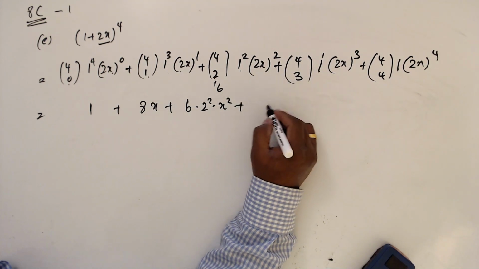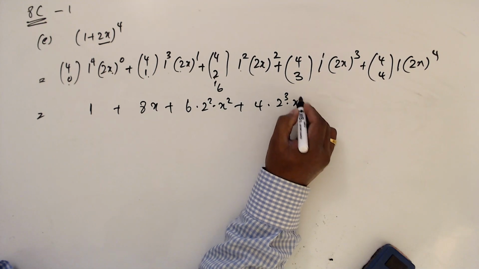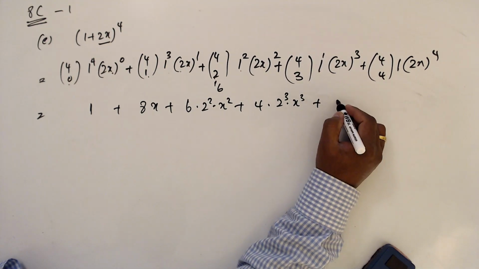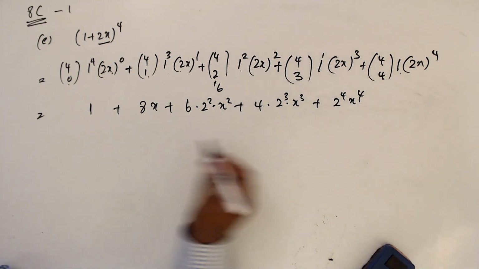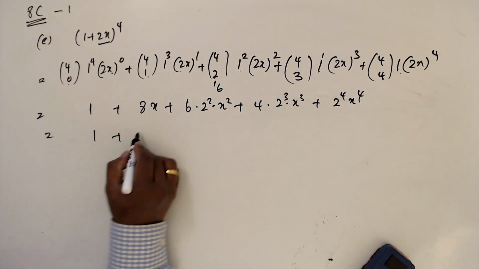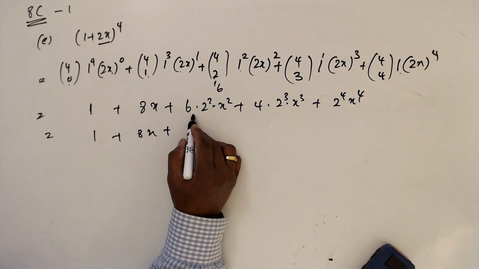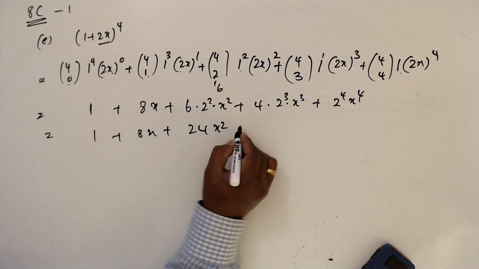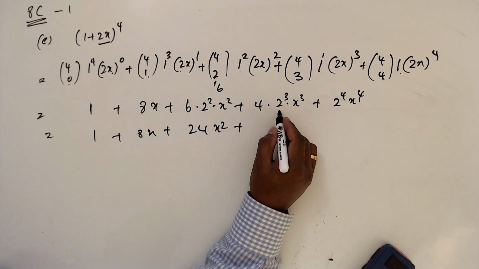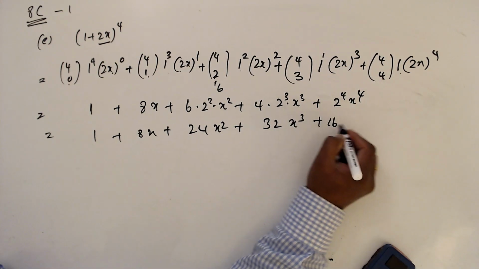Then this is going to be 4 times 2 cube x cube, that is 8 times 4, 32 x cube, and this is 2 4 x4, which is 16 x4.